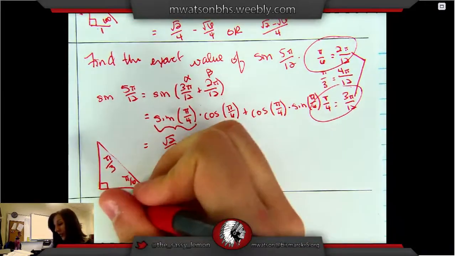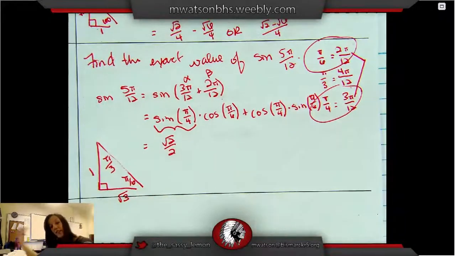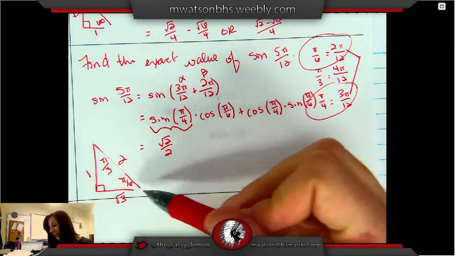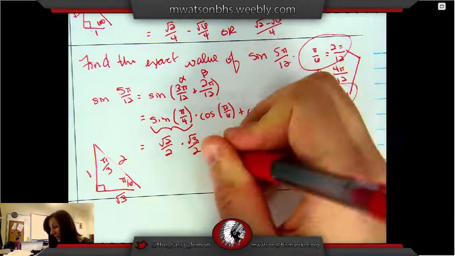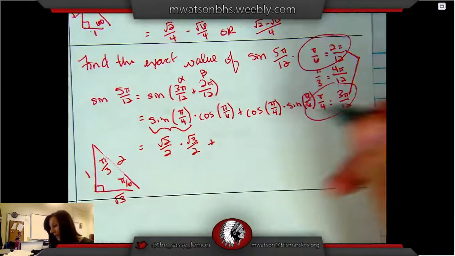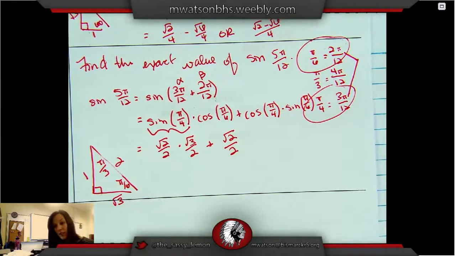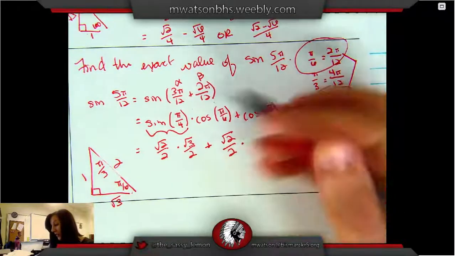I know that square root of 3 is across from pi over 3, and I know 1 is across from pi over 6. 2 is the hypotenuse. So cosine of pi over 6 is the square root of 3 over 2. Then we've got plus cosine of pi over 4, which is the square root of 2 over 2, times sine of pi over 6, which is 1/2.